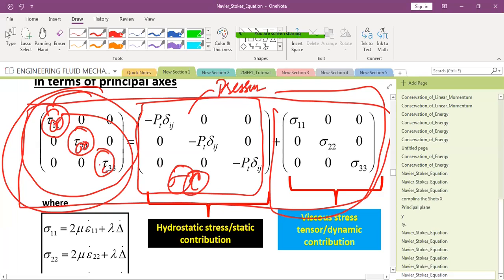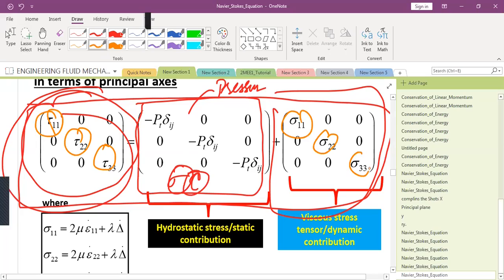If it is the same index, as it is in this case, this is representing normal stress, and all others are zero. It means these are principal stresses. So what we have done is we have just simplified the stress terms in the viscous matrix to this format.